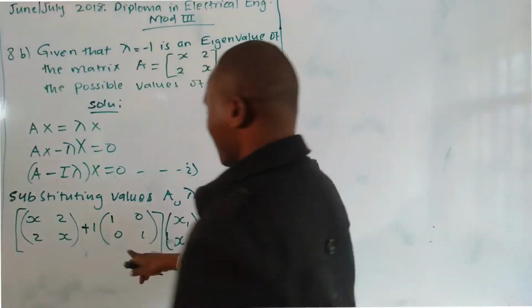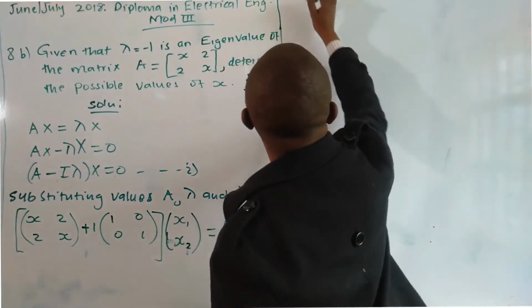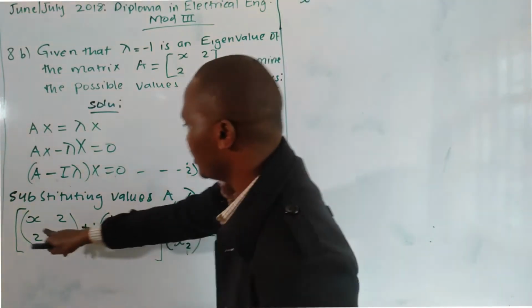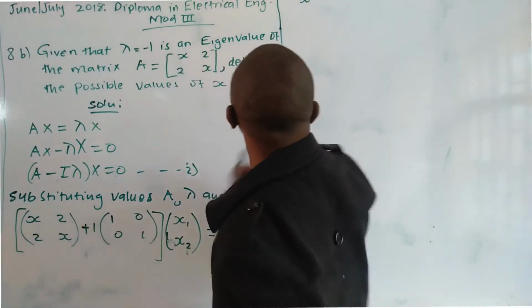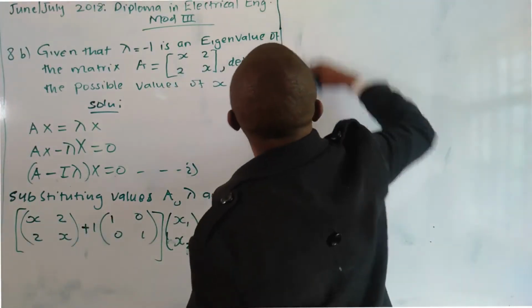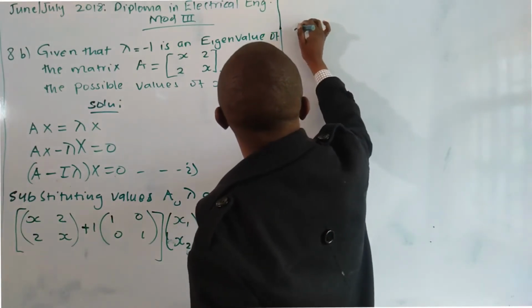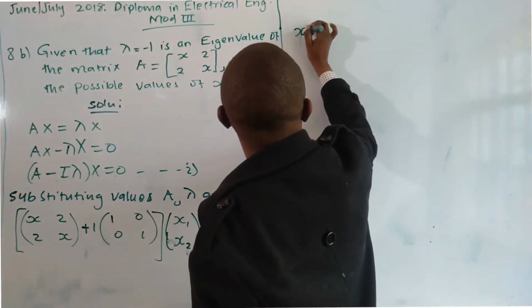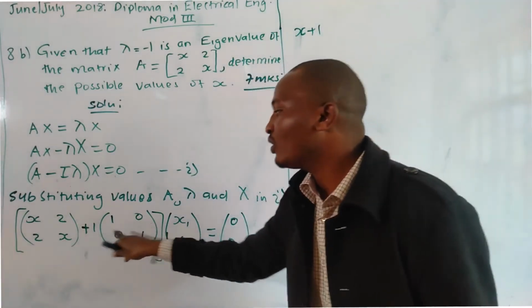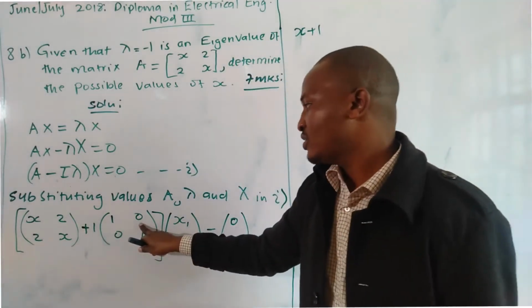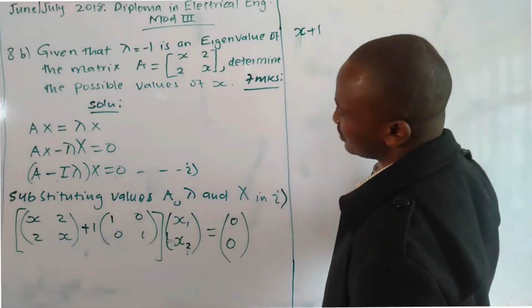Let us do the addition here. We have x, this 1 times 1 is 1, x plus 1. We have 2, 1 times 0 is 0, so we have 2 plus 0, which is 2.